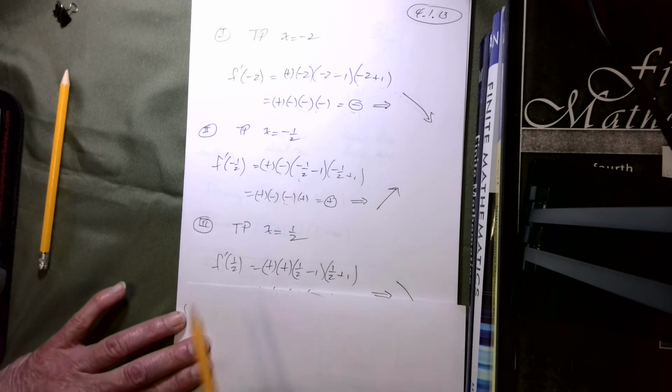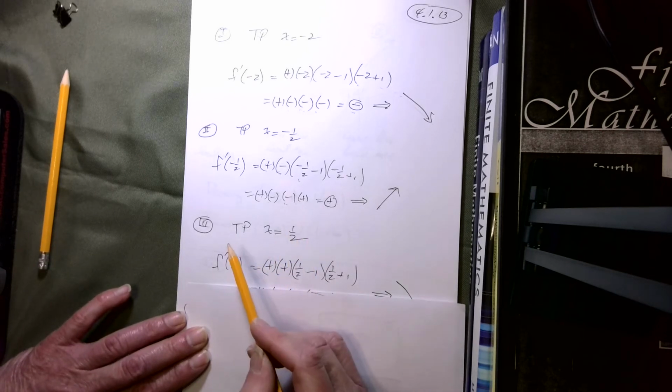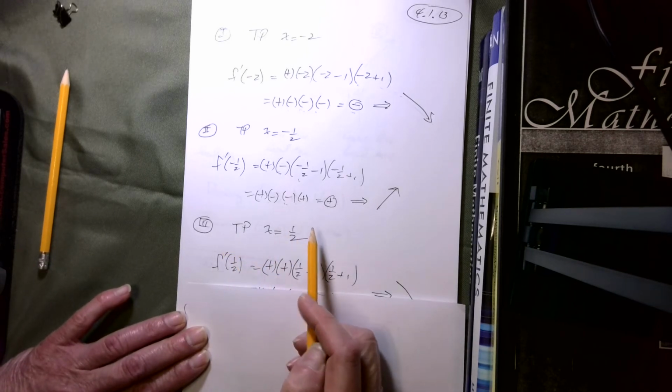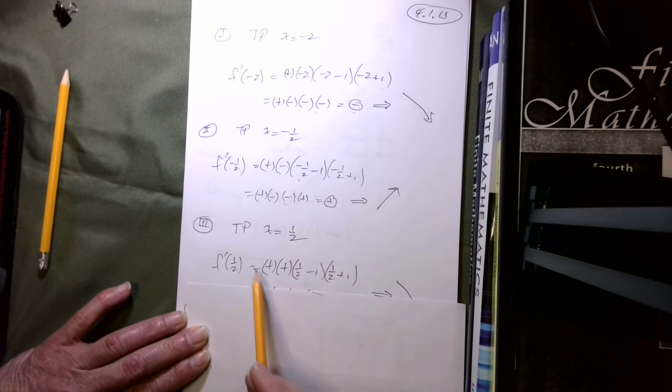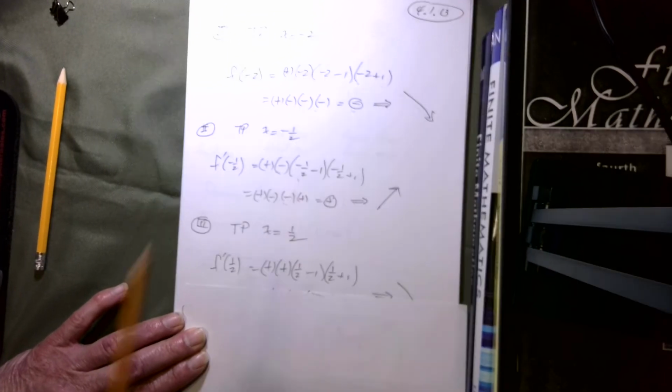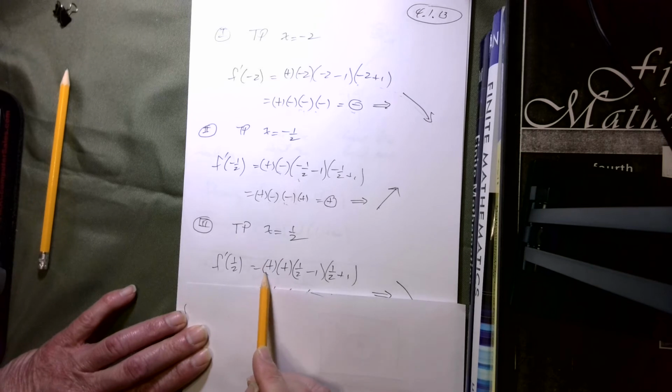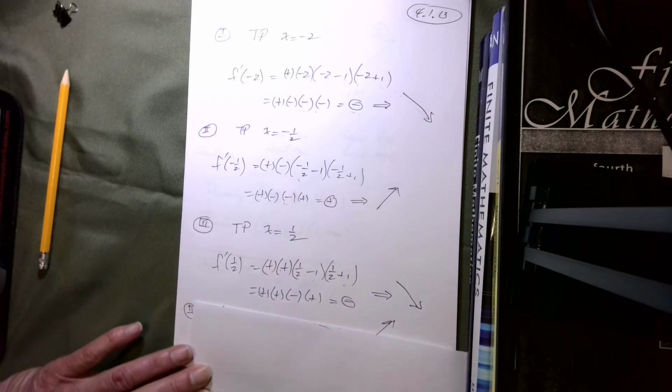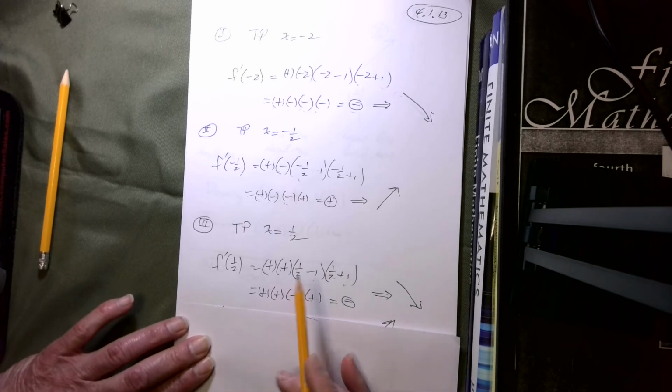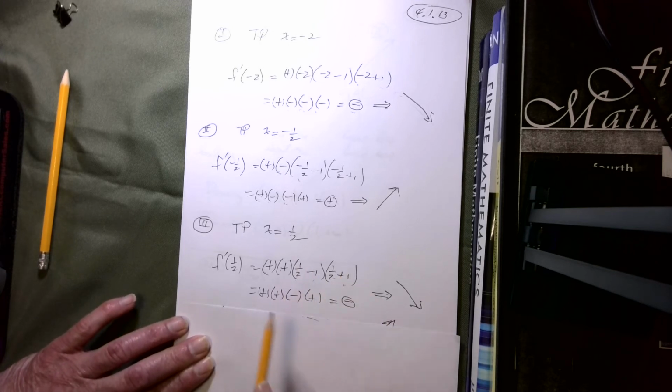Region 3. Now I'm picking between what? 0 and 1. I pick 1/2. You put it into the what? The factored form. So I get positive, because that's positive, negative, positive. That's all I care about. Don't tell me what the number is.